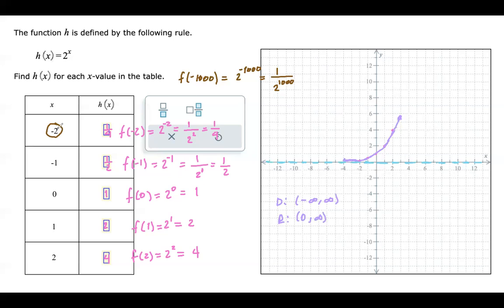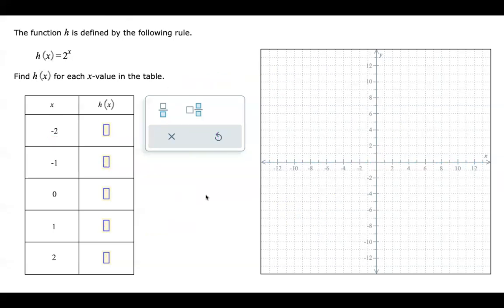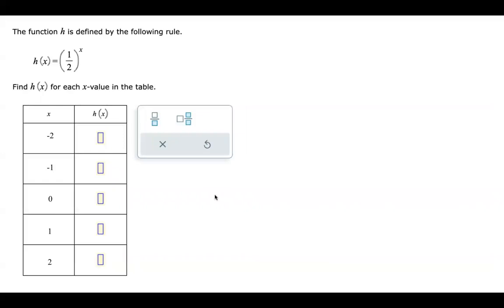Now, if you notice, the negative exponents in a way change the way this is behaving. So let's go to the next example where we have a similar example, but in this case, we're going to have a fraction. We're going to do the same, but you're going to notice that this will make the graph reflect in a way.